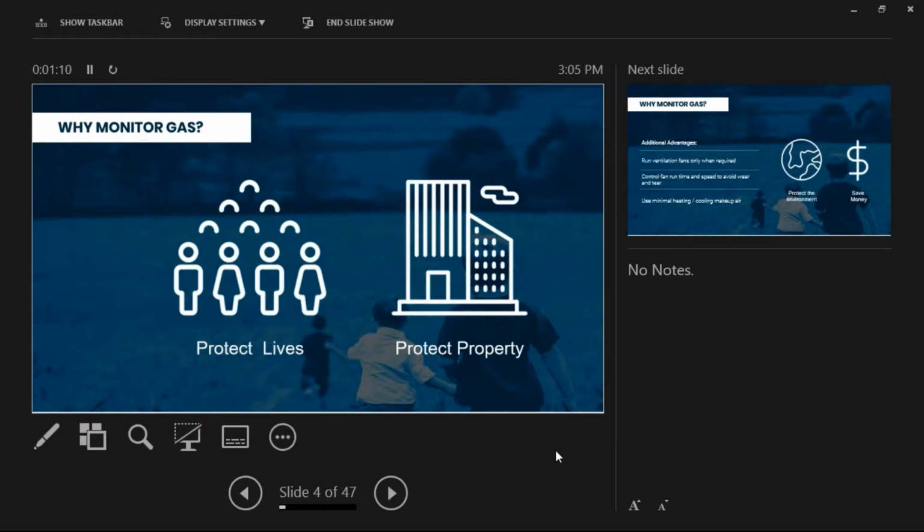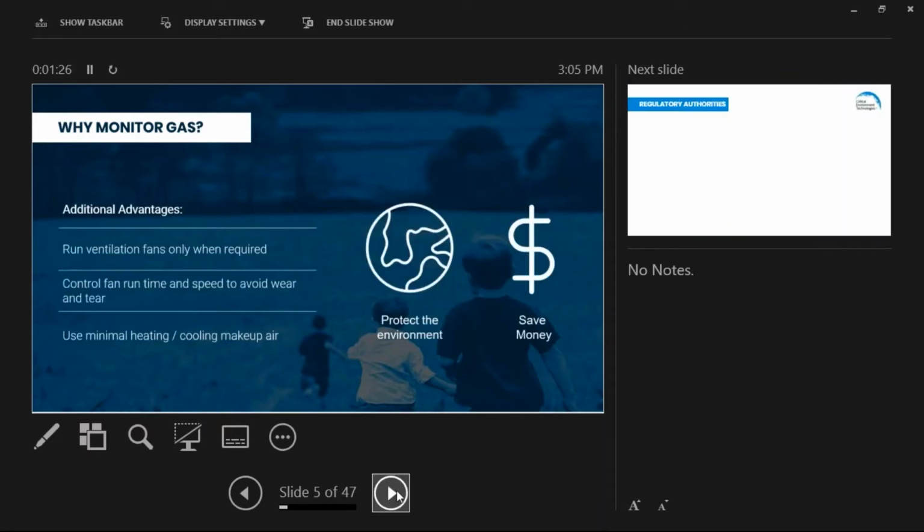We protect property by ensuring that combustible and flammable gases do not build up to the point where they're dangerous and cause damage to the buildings through fire or explosion.